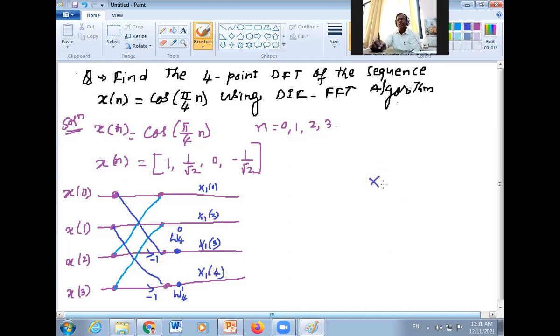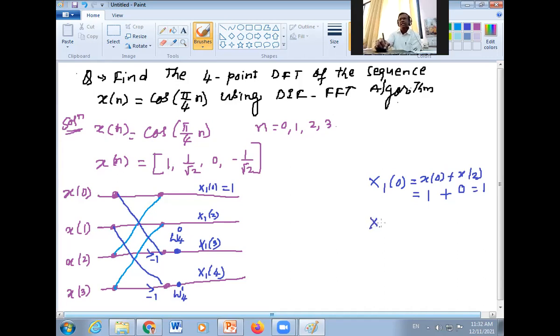Looking at this part, the values coming to this output are x of 0 added with x of 2. So x1 of 0 equals x of 0 plus x of 2, which is 1 plus 0. So the answer is 1.